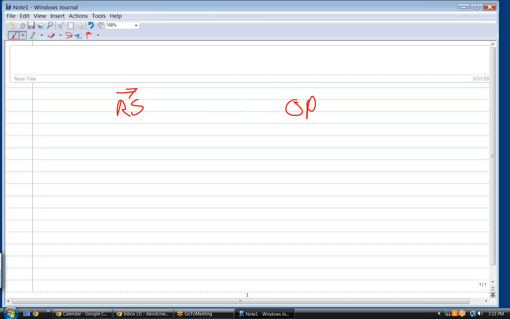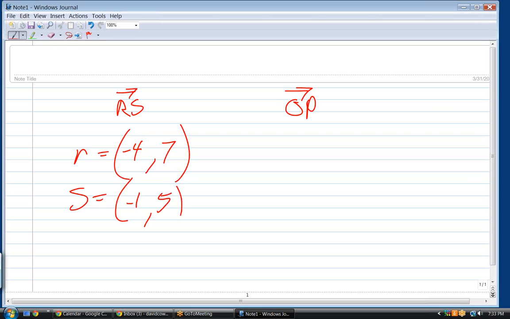R equals (-4, 7), S equals (-1, 5), O equals (0, 0), and P equals (3, -2).